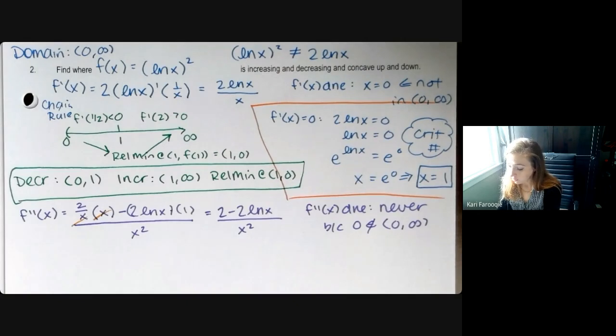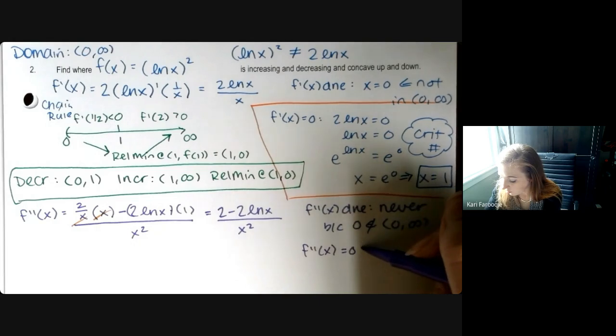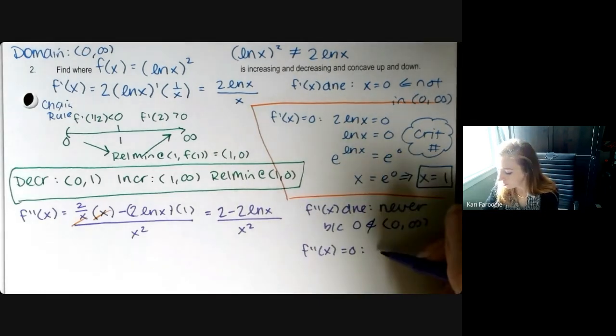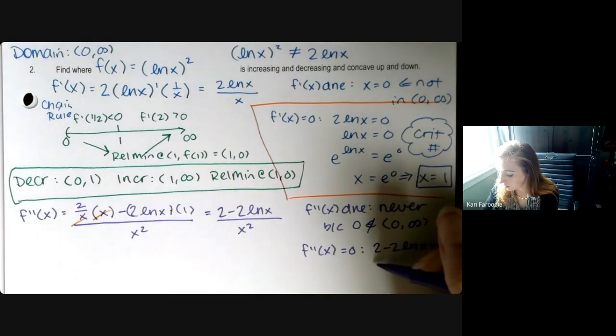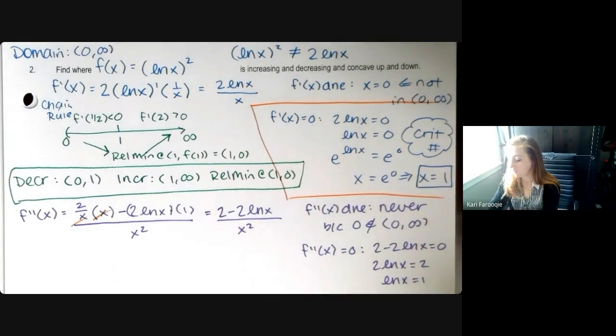And we do need to look, though, at when we have f double prime of x being equal to 0 to get a possible point of inflection. And that's going to happen when 2 minus 2 ln x equals 0. That means 2 ln x equals 2, ln x equals 1. And you're trying to figure out, well, ln of what number is 1?